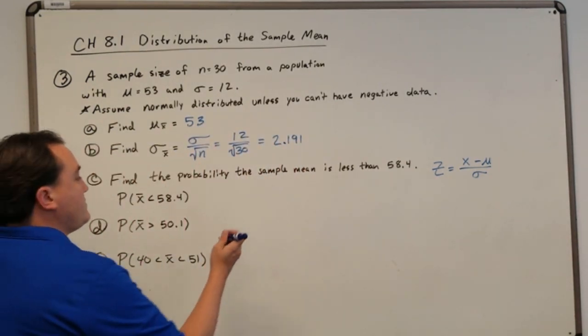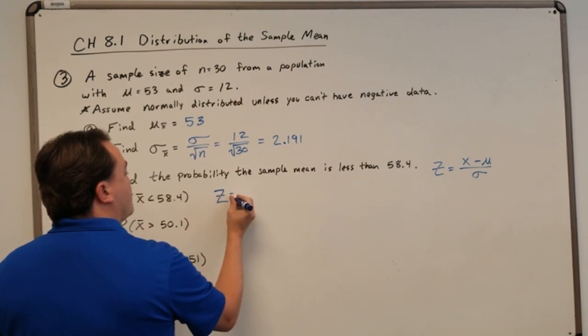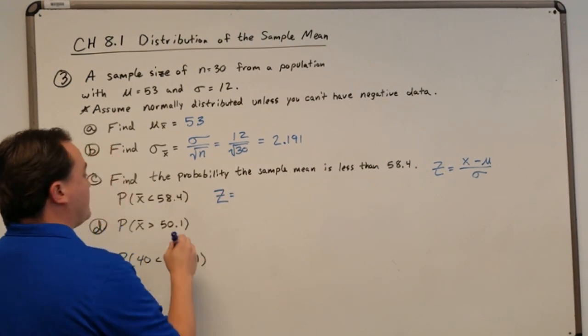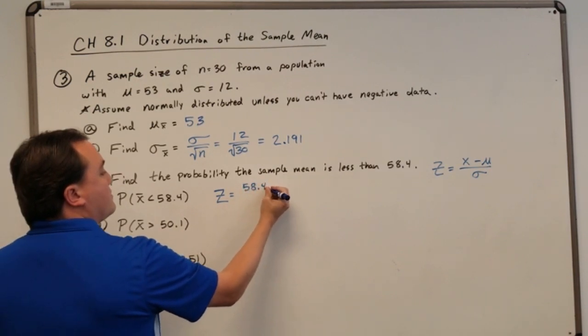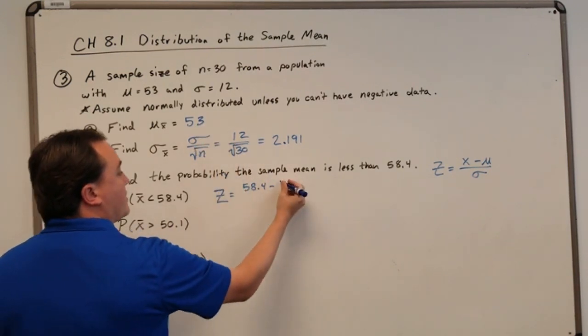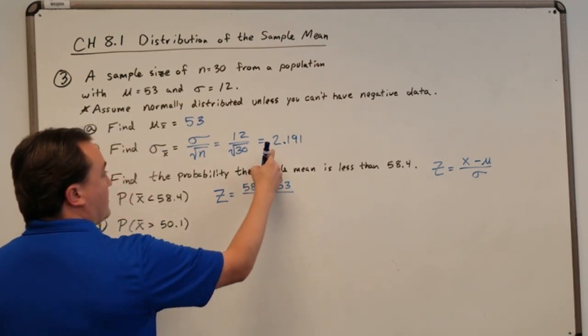So first we figure out what z is for this. That's 58.4 minus the mean of 53 divided by standard deviation.